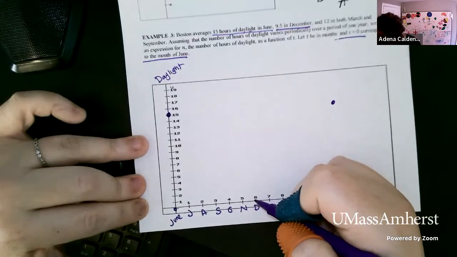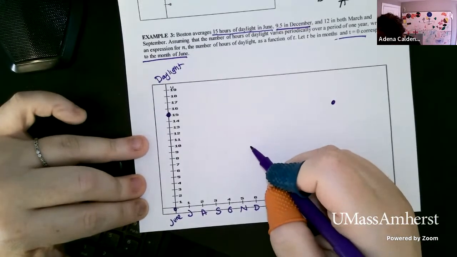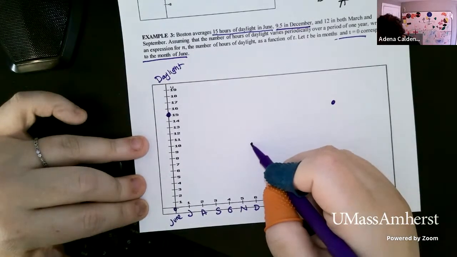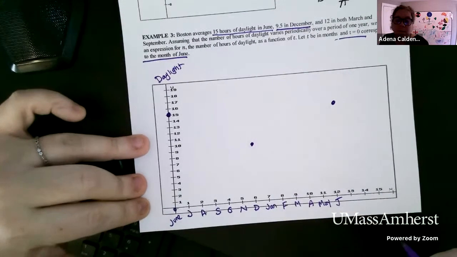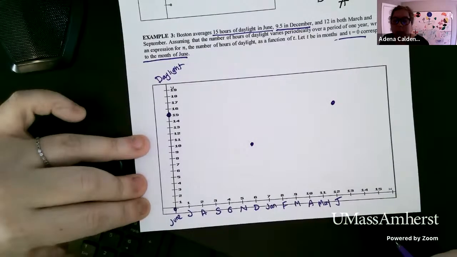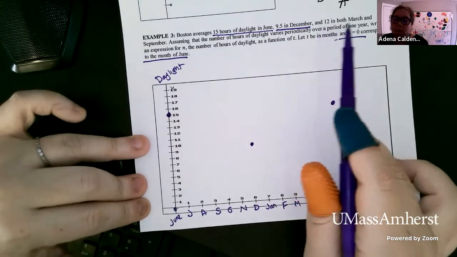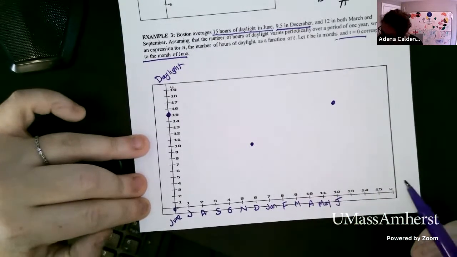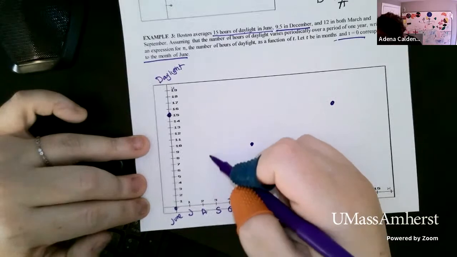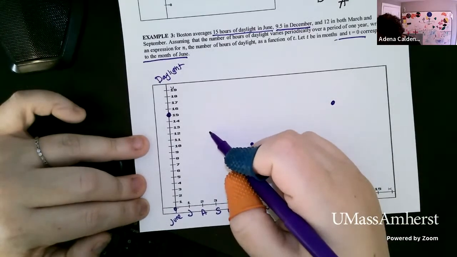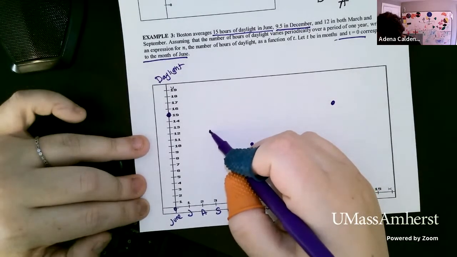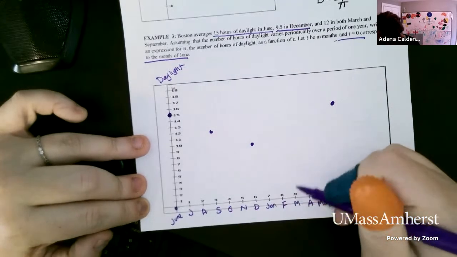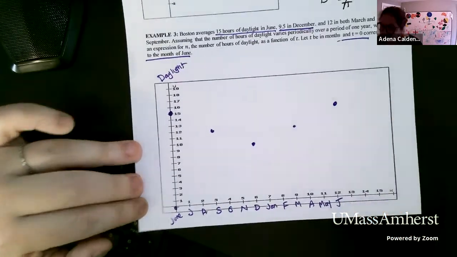So if I go to December, I can plot a point right about 9.5. It doesn't have to be perfect, but here, right between 9 and 10. And then 12 hours in both March and September. Okay, so September, I come up to 12, so roughly here, and then also in March, here.